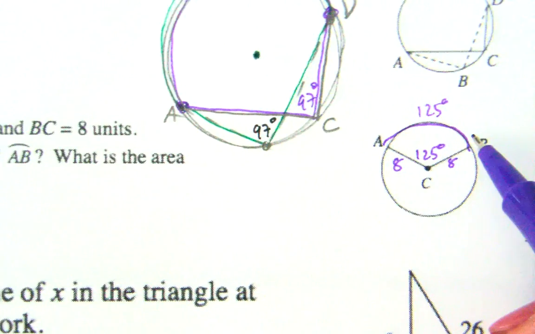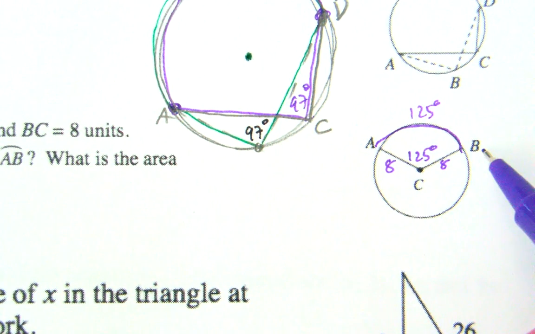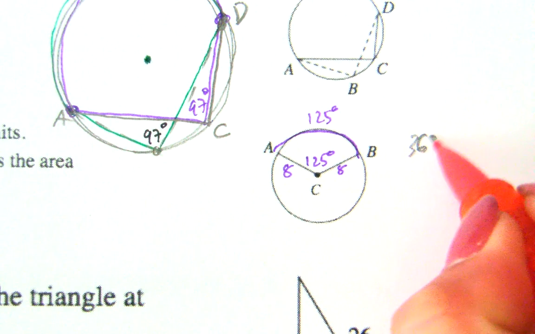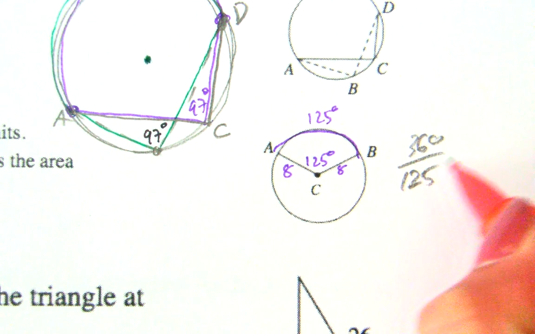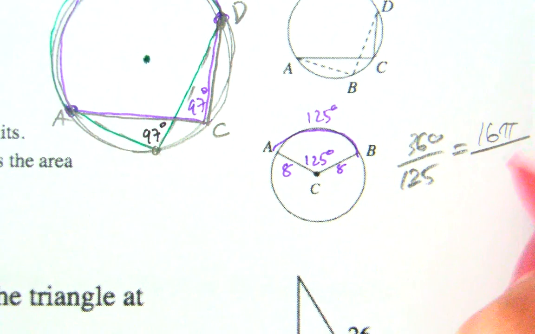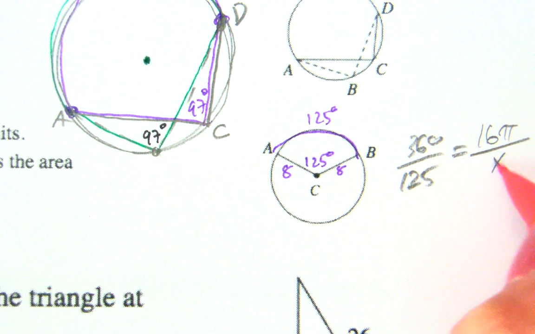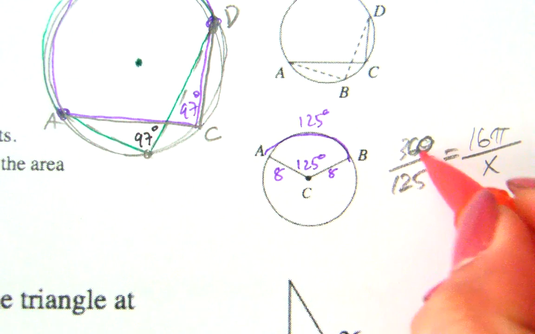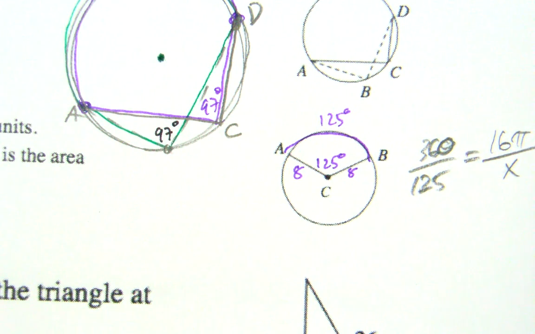Now you've got to do the pizza crust thing. So 360 over 125 is equal to the crust. So 16 pi, 2 pi r. The radius is 8 times 2, and we want to find the crust. And then you can work that out. All right, so that was 97.